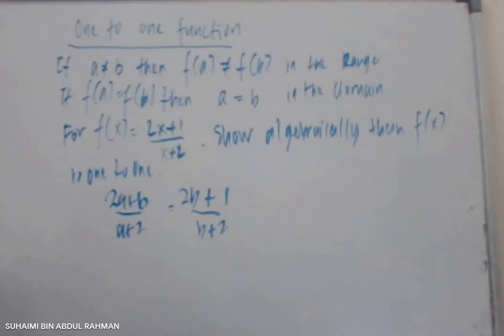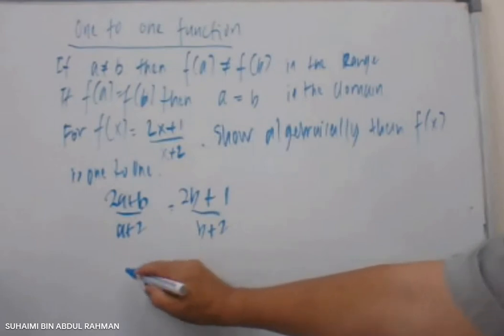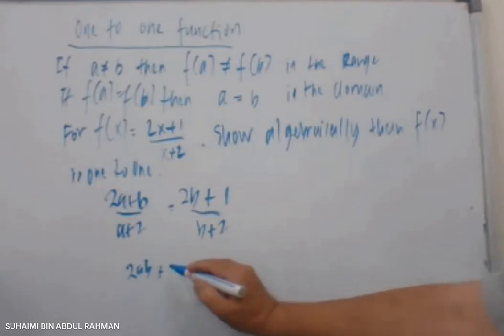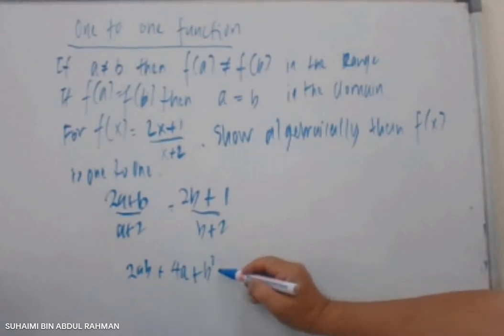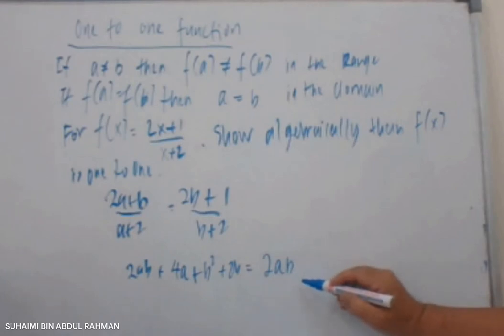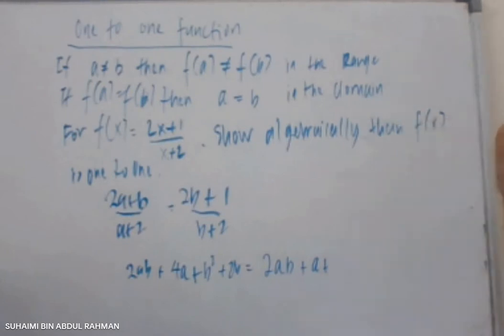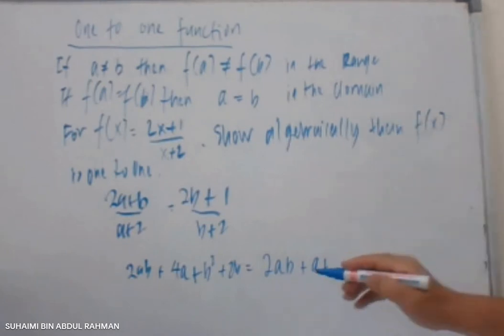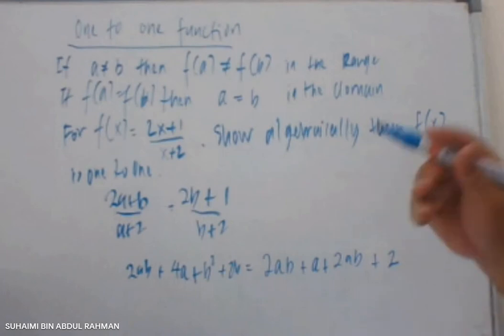So multiply. You get 2AB plus 4A plus B square plus 2B, equal to 2AB plus A plus 4B plus 2.